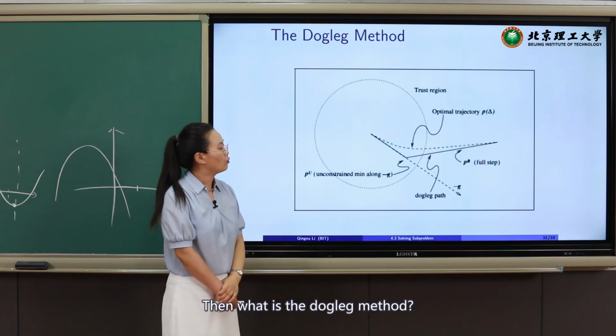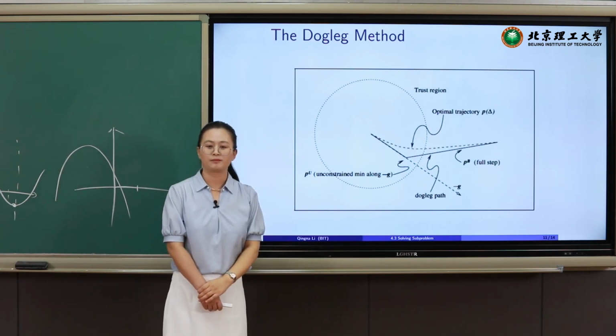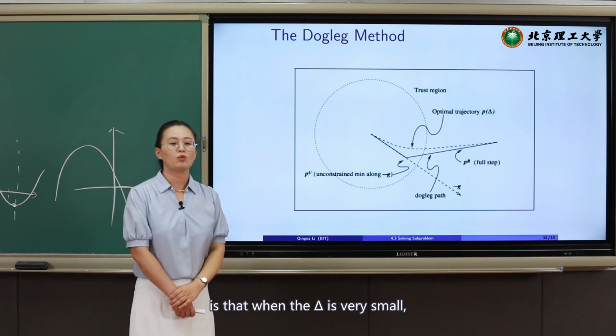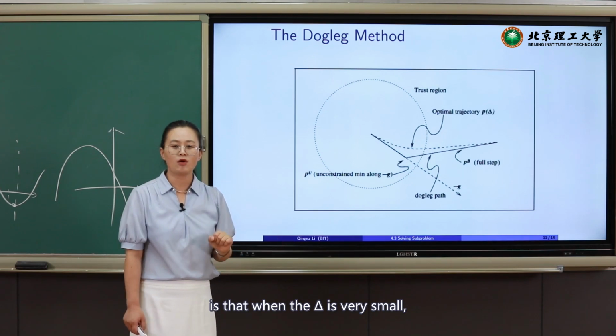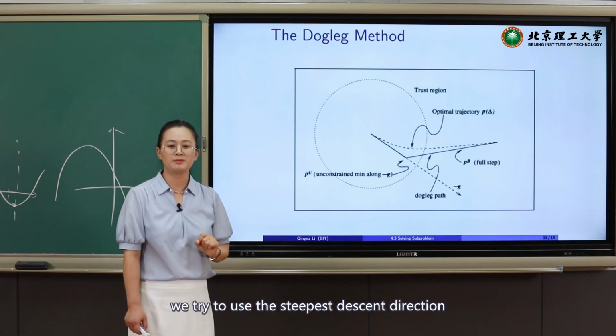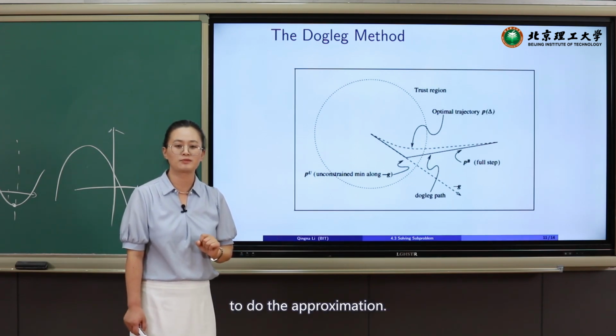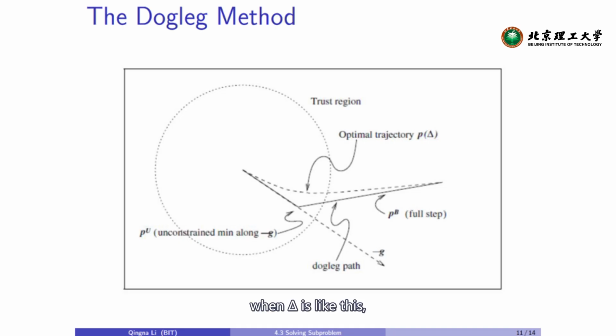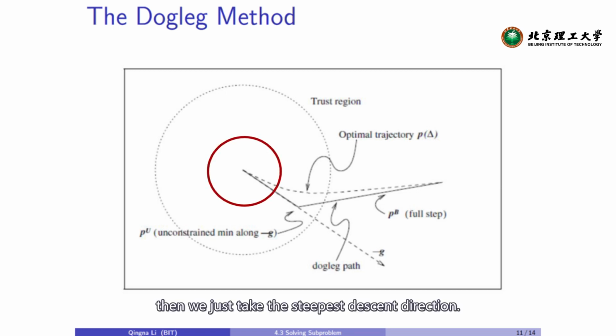Then, what is the dogleg method? The idea of the dogleg method is that when the delta is very small, we use the steepest descent direction to do the approximation. For example, when delta is like this, a very small trust region, then we just take the steepest descent direction. Okay? It is very similar to the optimal trajectory here.